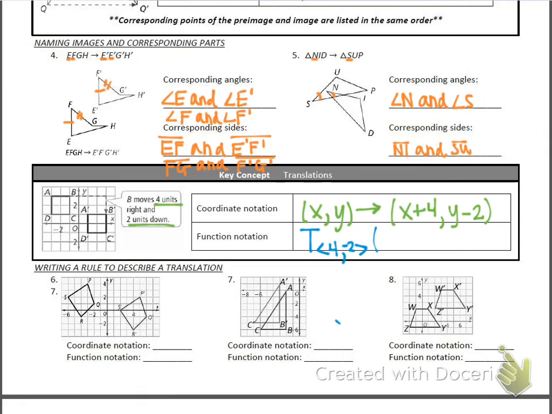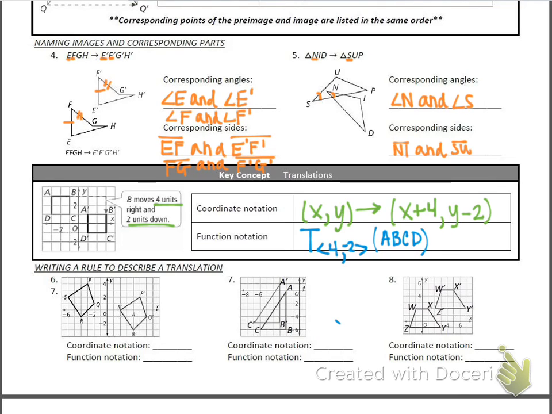So in big parentheses, we say A, B, C, D. If it's a triangle, you put the triangle symbol. But for all other shapes, you just put the vertices. So this means we translate positive 4 for the x's, negative 2 for the y's, the shape A, B, C, D. And that's the function notation.